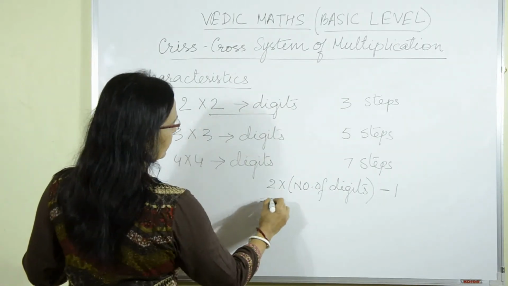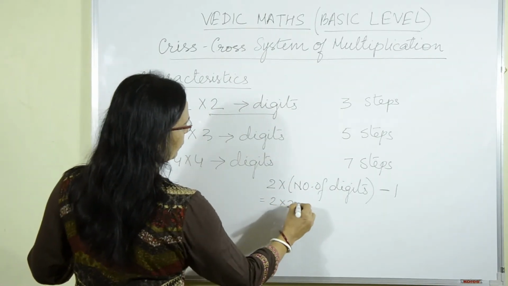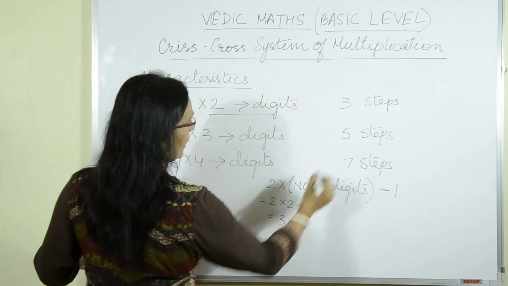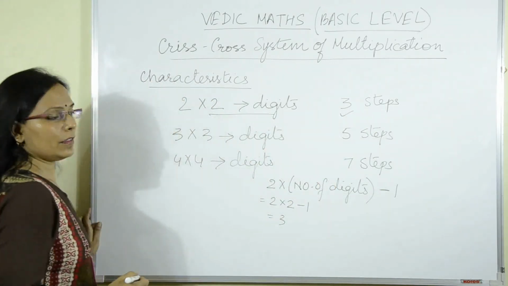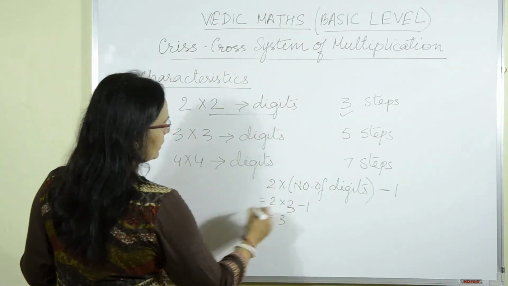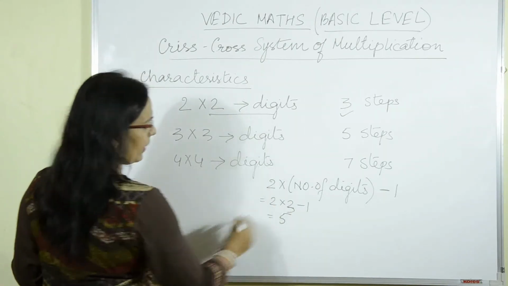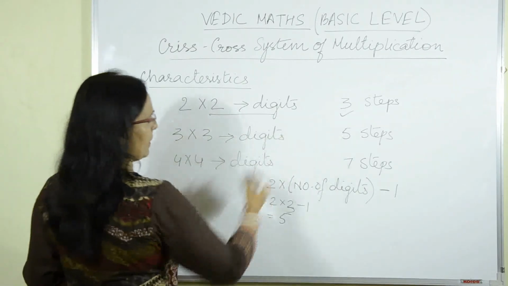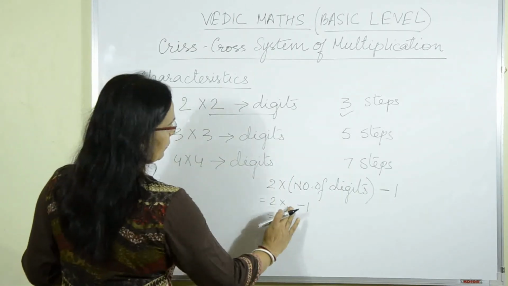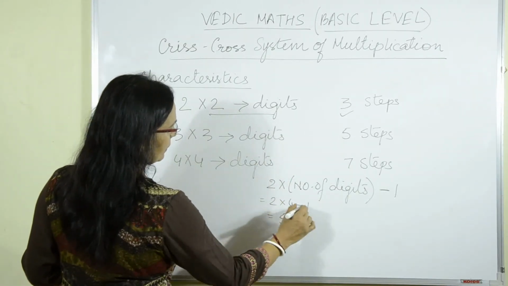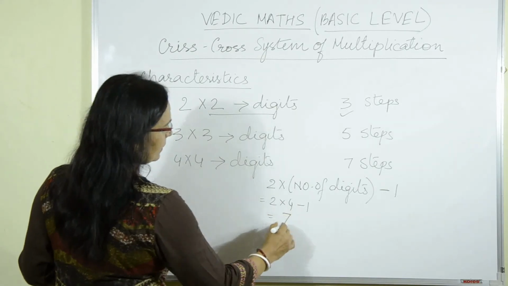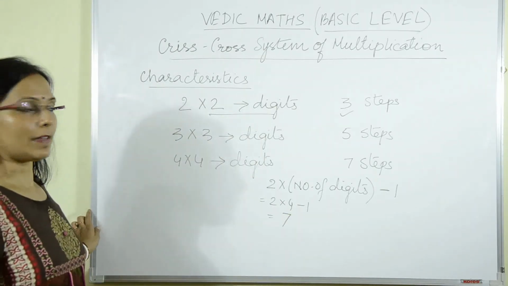For the first case, when it was a 2-digit number, 2 into 2 is 4, minus 1 becomes 3. So I have to do 3 steps. When it was a 3-digit number, 2 into 3 is 6, 6 minus 1 is 5. I have to do 5 steps. When it was a 4-digit number, 2 into 4 is 8, 8 minus 1 is 7. I have to do 7 steps.